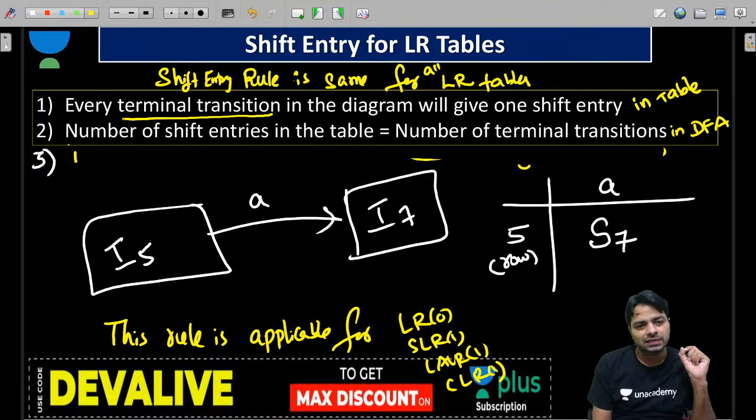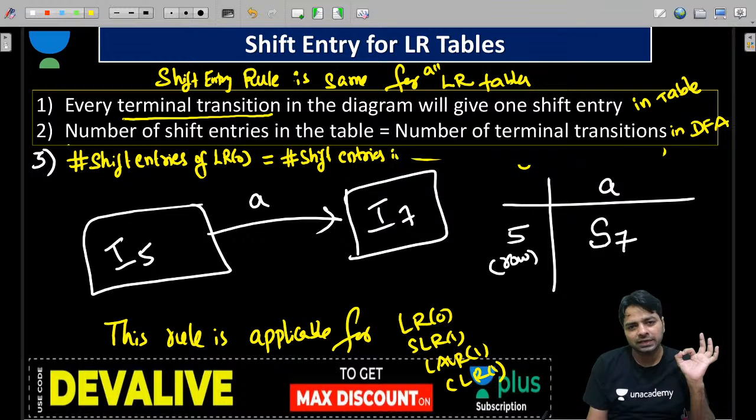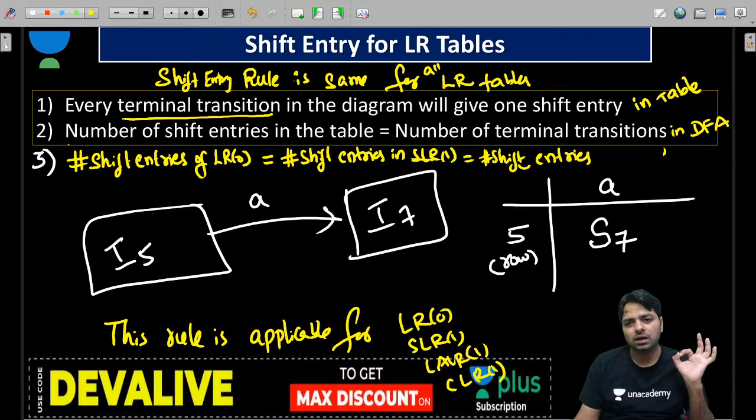Number of shift entries for the same grammar I am talking about: the LR0 table is equal to the number of shift entries in SLR1, which is equal to the number of shift entries in LALR1.